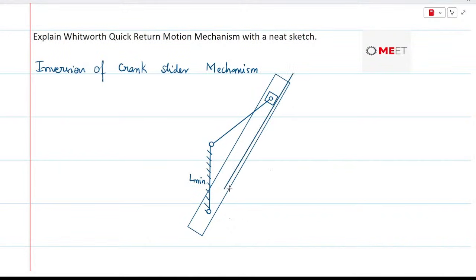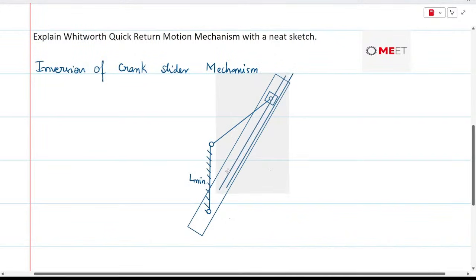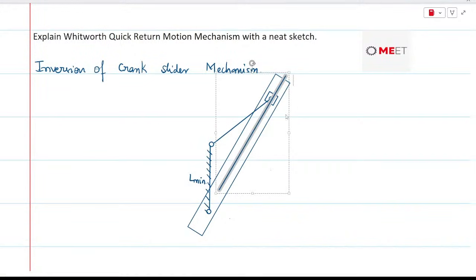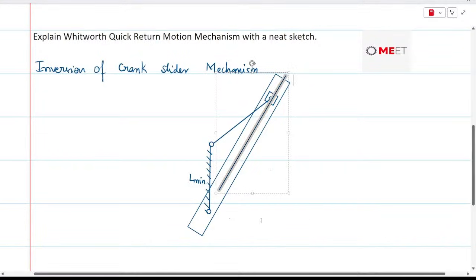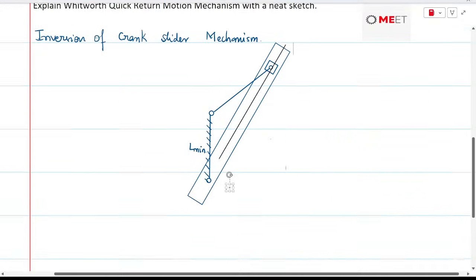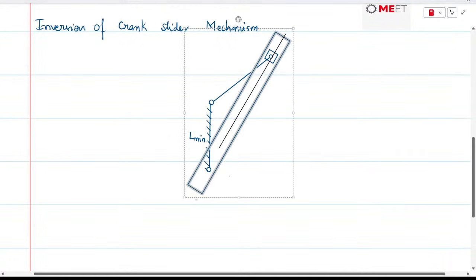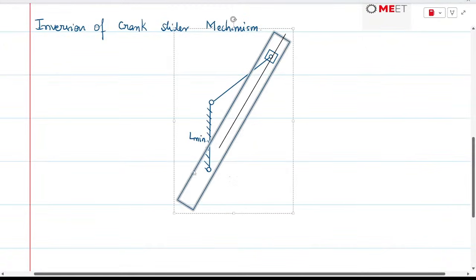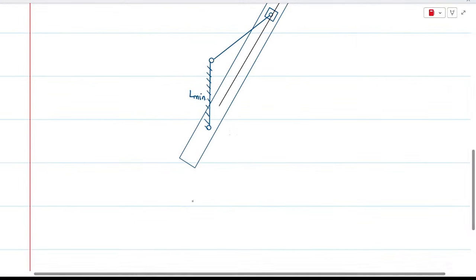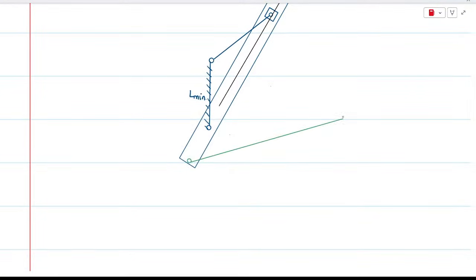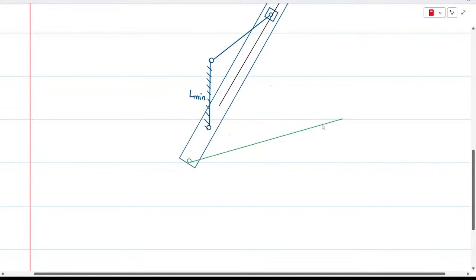This would be the line of stroke of the piston. Now, to the other end of the slotted bar, an additional link is attached, and to this link a cutting tool will be connected.